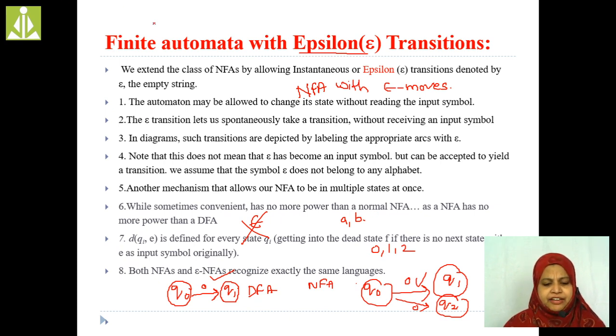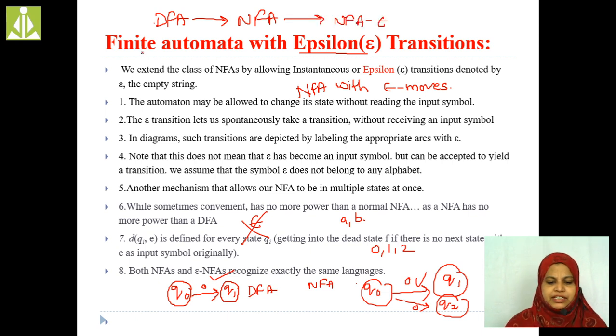Compared to the NFA, the DFA is more powerful. Here, the NFA with epsilon moves satisfies each and every property of the NFA except in its transition function. And one more thing, this NFA with epsilon moves can process the empty string also.